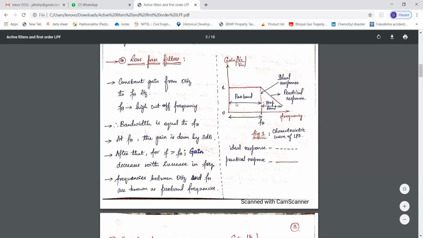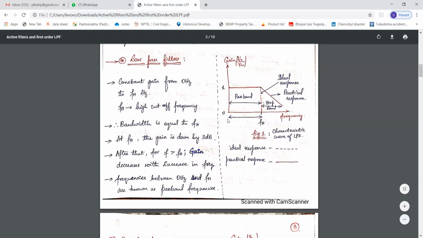The frequencies which are passed form the pass band, and the band of frequencies which are attenuated is the stop band. The dotted line represents the ideal response, and the straight line represents the practical response. The frequency at which the gain starts deteriorating is called the high cutoff frequency.